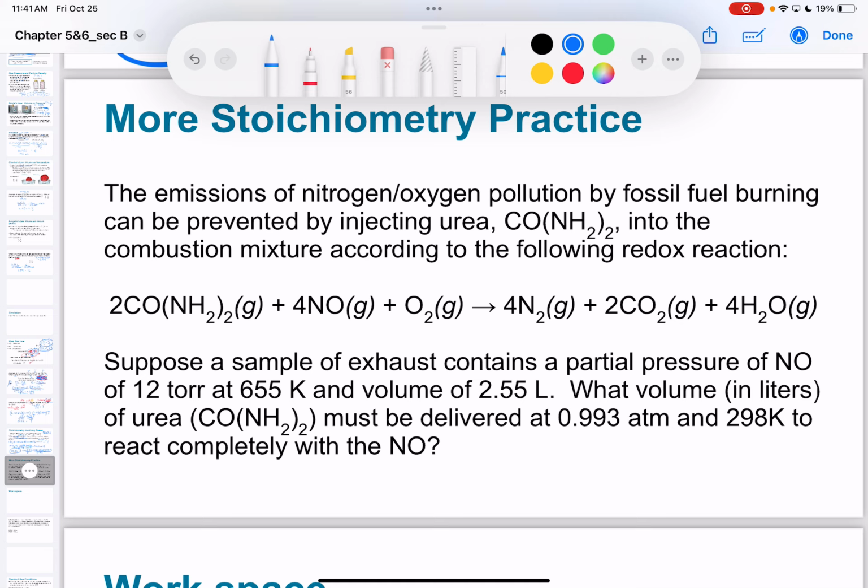You can only use the change thing, the 1 and 2, if it's the same gas, you're just changing the conditions. It is a different chemical in this instance. So I'll give you guys a couple minutes just to kind of plan out your calculation, and then I'll put a plan out there. Then a few more minutes to work it, and then I'll work it.